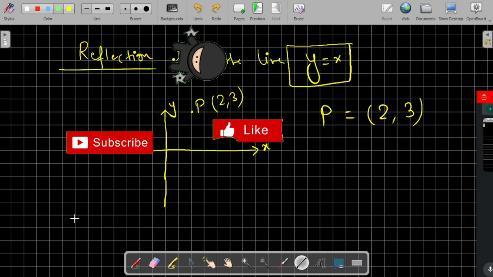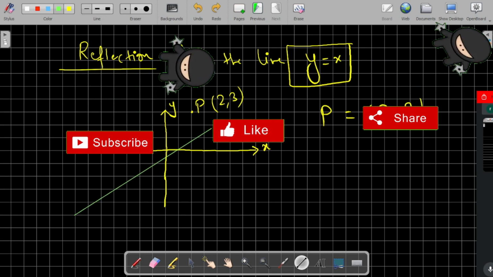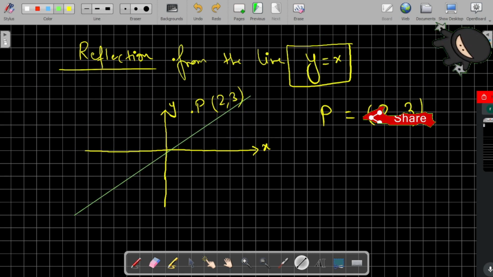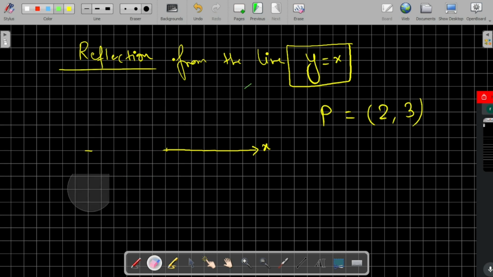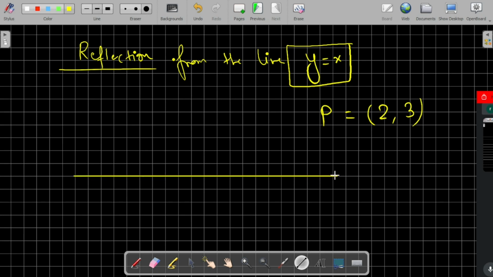So I'm going to draw the y equals x line. See, this is the y equals x line. This is the grid line.